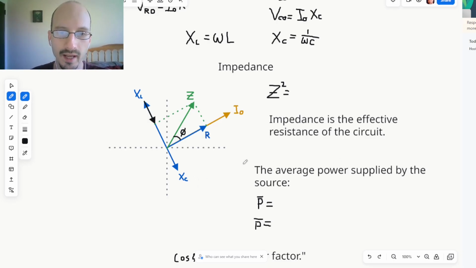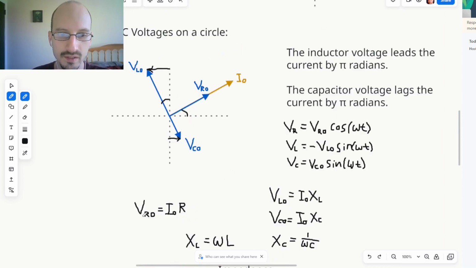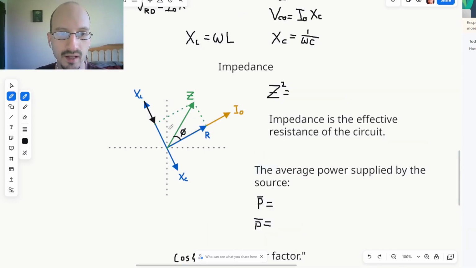And we can do that because if you look at these voltage equations, just divide each voltage by the current, and you get the resistance and the reactance. So that's why we can plot the reactances on a phasor diagram. And again, these are going to be traveling around in a circle.